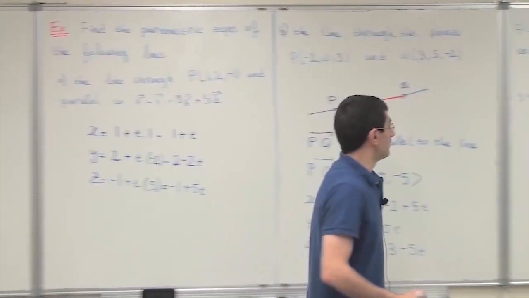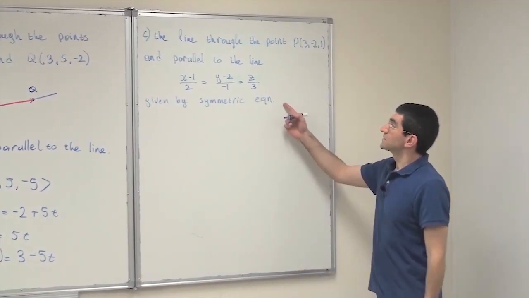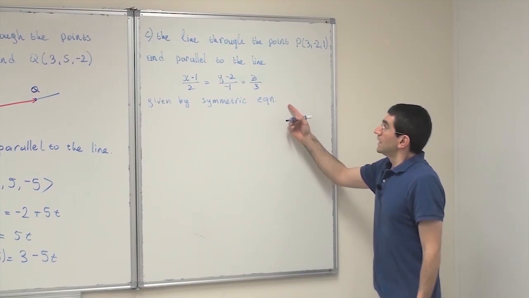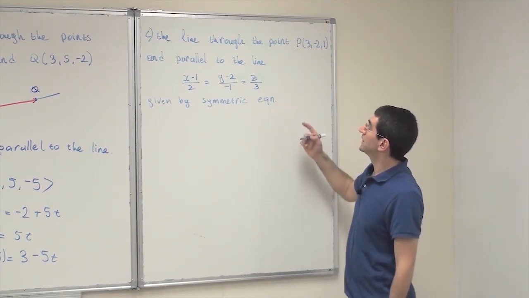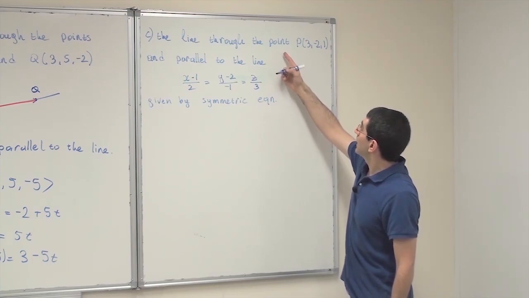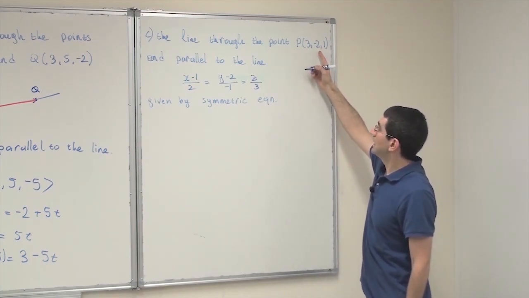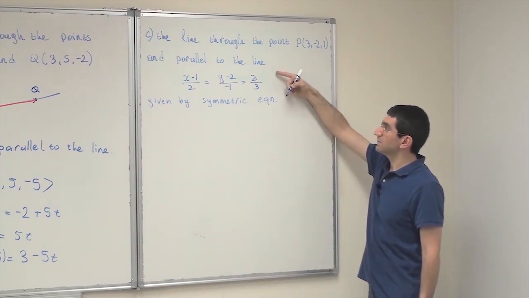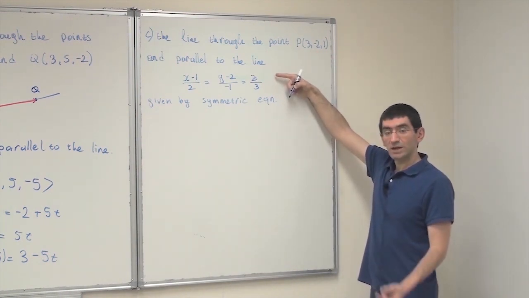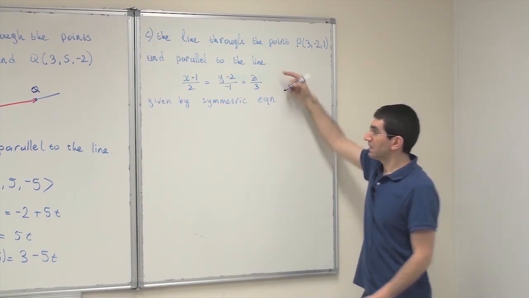Okay, now let's look at our next question. Again, we want to find a line equation. This time we are given the following information. We are given a point on the line, and we are given the fact that the line that we are looking for is parallel to another line.